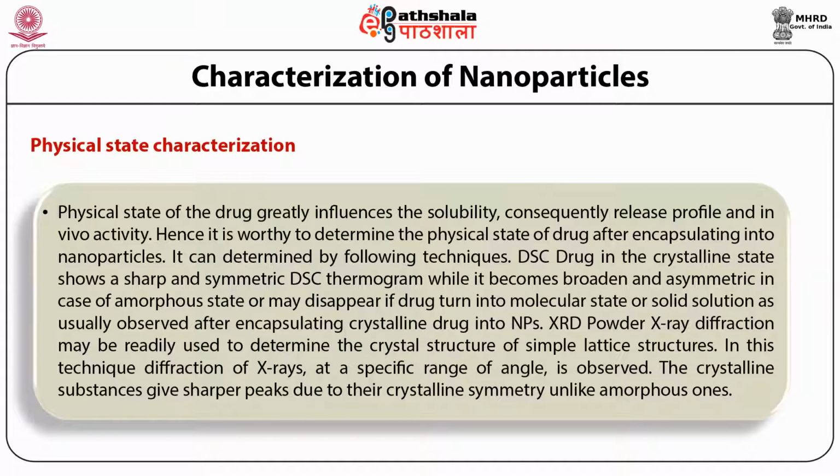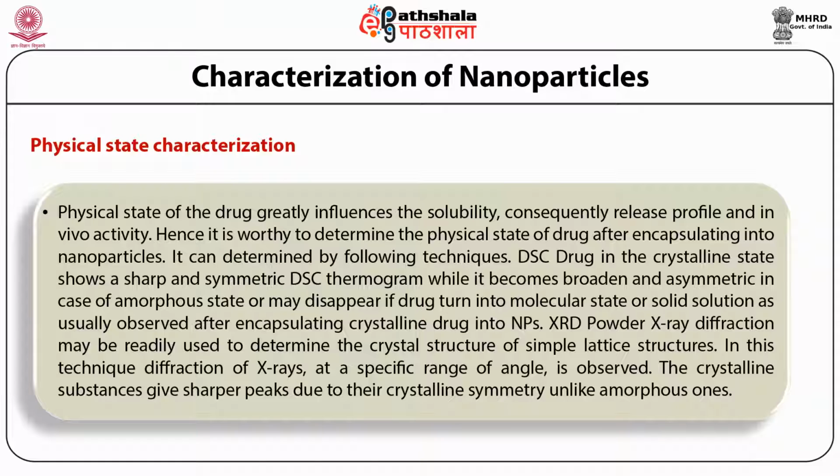Drug in the crystalline state shows a sharp and symmetric DSC thermogram, while it becomes broadened and asymmetric in case of amorphous state or may disappear if the drug turns into molecular state or solid solution, as usually observed after encapsulating crystalline drug into nanoparticles.